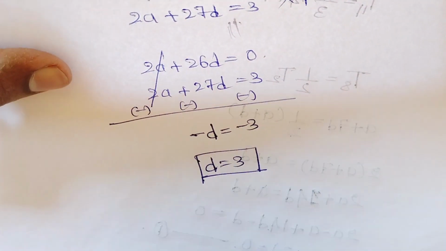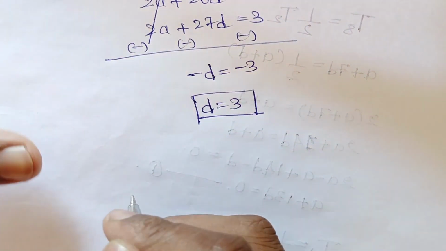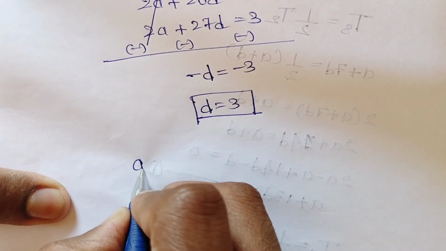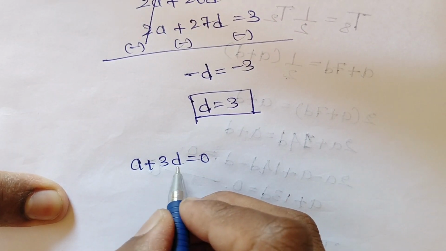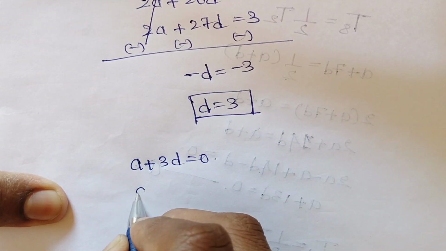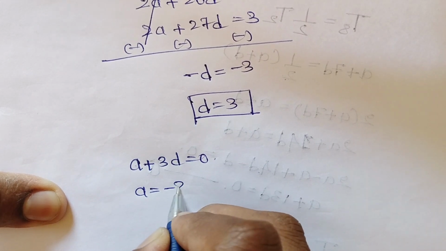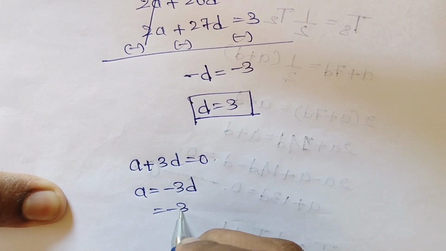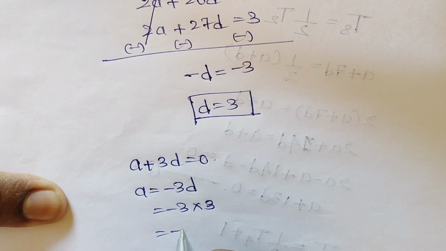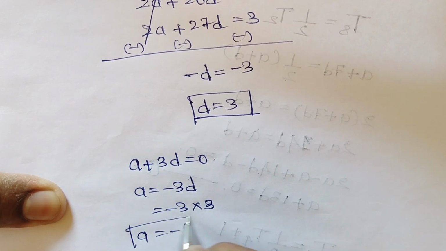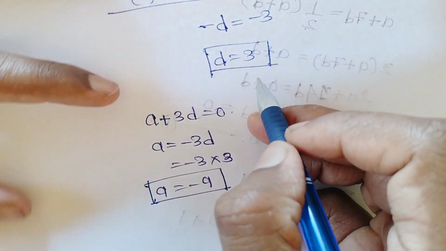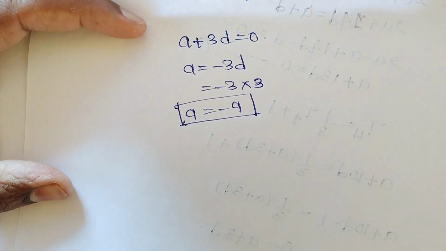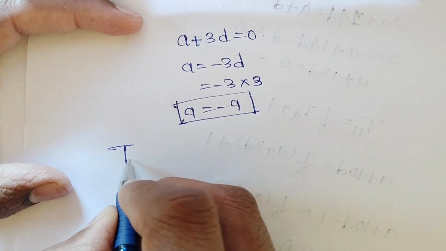So we found d, and a plus 13d equals 0. Substituting for d, a becomes minus 13 into 3, which is minus 39. Wait, from the equation a equals minus 3d; a is minus 9 and d is plus 3. So term number 15 we have to find.